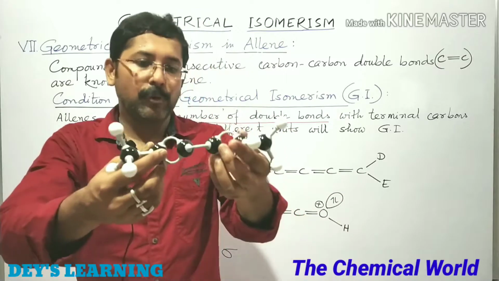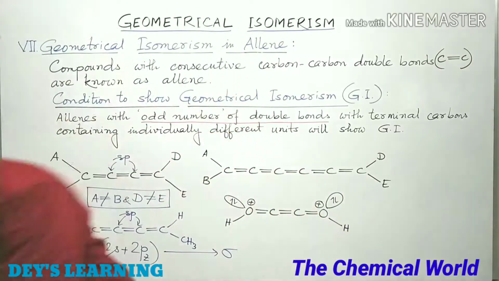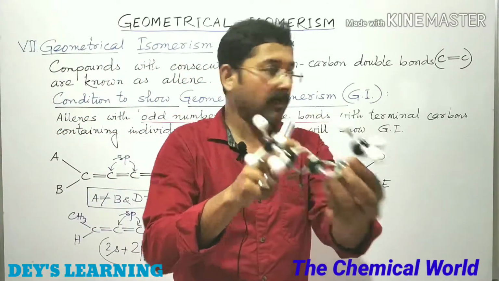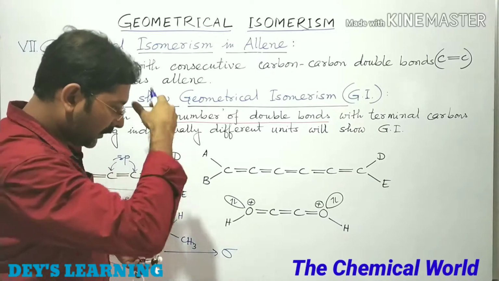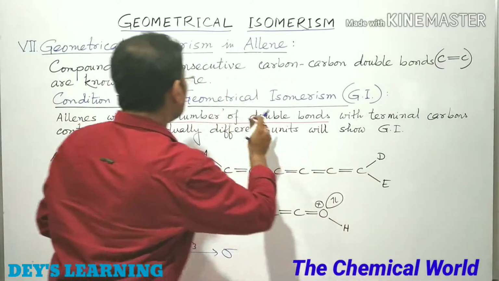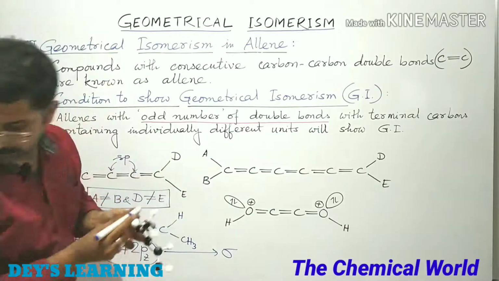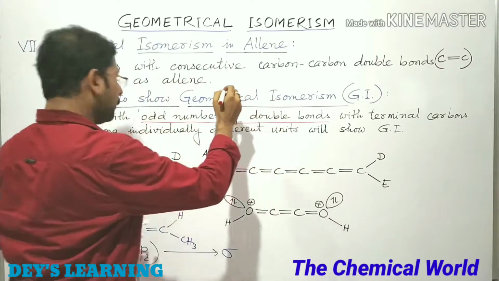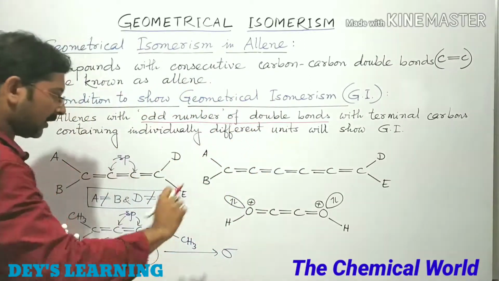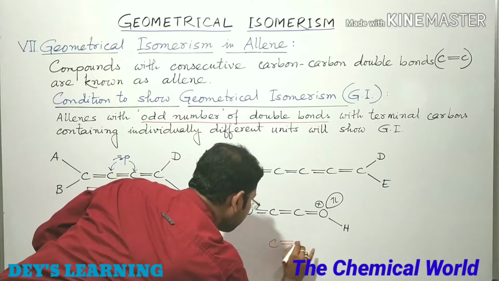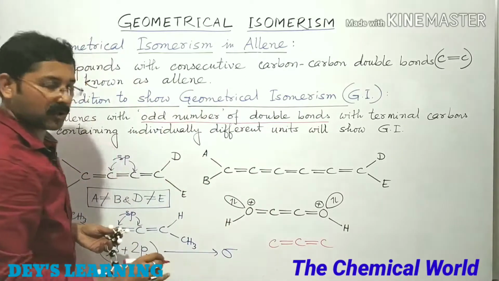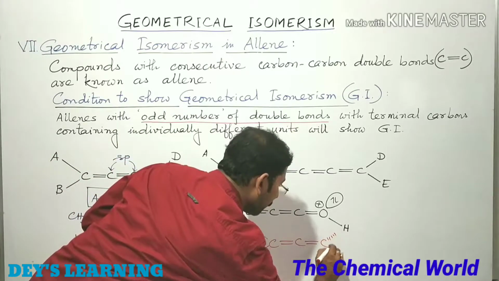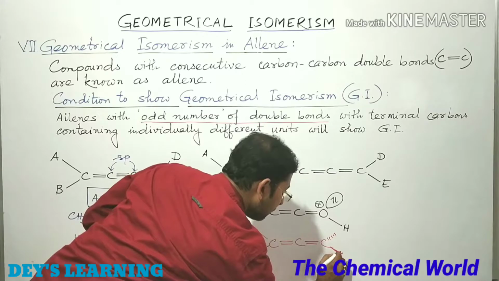If there would be an even number of double bonds, look at here, in this molecule, if there are 2 double bonds like this, look at here, if there is an even number of double bonds in the compound like this, then these 2 bonds and these 2 bonds will be present in perpendicular planes.